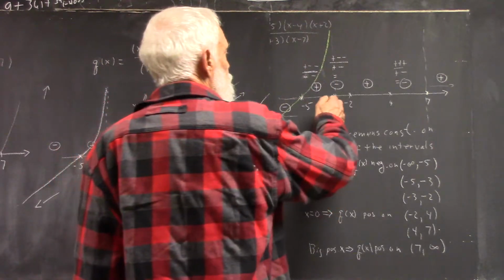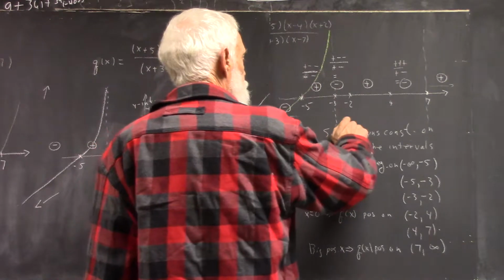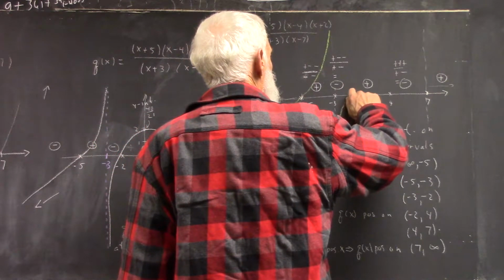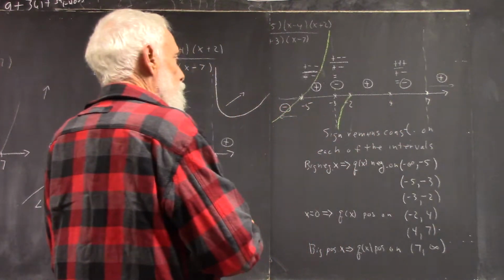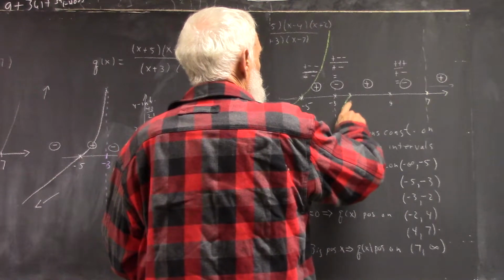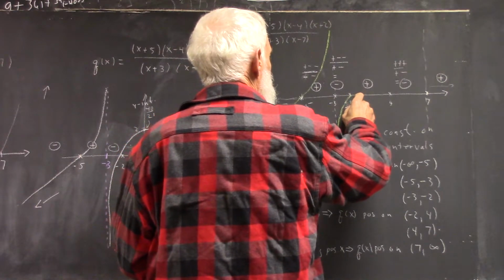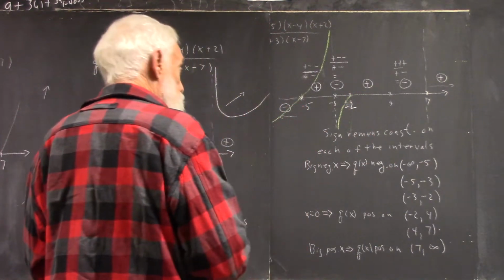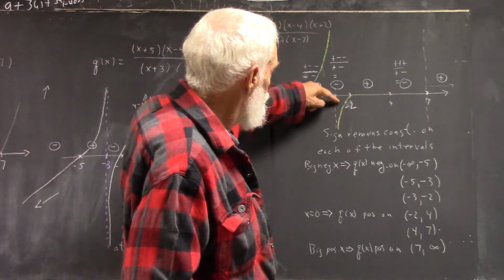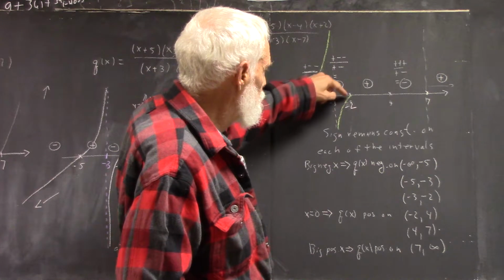Then, on this interval, it's negative and it's got the vertical asymptote, so it's going to do this up to here. I obliterated that negative, and then I messed it up. The chalk kind of slipped. So we're negative on this interval, and we've got the asymptotes, we do this.